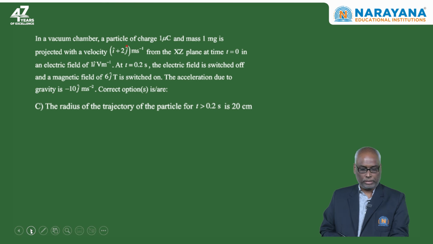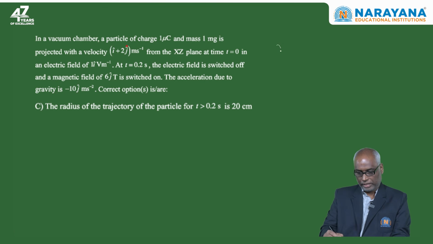In the vacuum chamber, the radius of trajectory of the particle at t greater than 0.2 seconds. We saw that just at t equals 0.2 second, the velocity of the particle is along the x-axis, and the magnetic field is perpendicular to that. So obviously the particle will be moving in a circular path due to the magnetic field, but because of gravity it will have a helical path. The radius of the helix is given by m v perpendicular divided by qB.